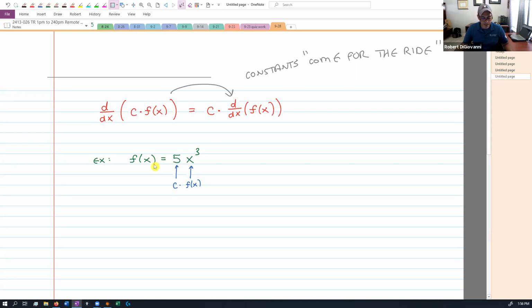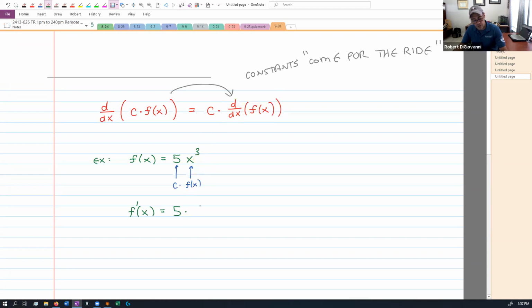So if I'm trying to take the derivative of this, I have to recognize that the 5 is being multiplied in front. So my answer is, well, 5 is just going to come for the ride. Here it is. It's still there. Nothing happened to it. But then times, now I take the derivative of that other piece.